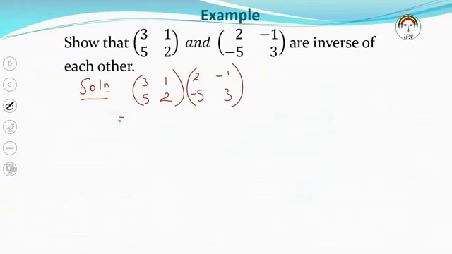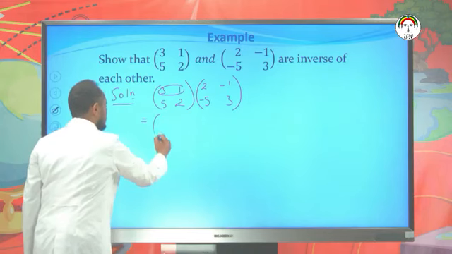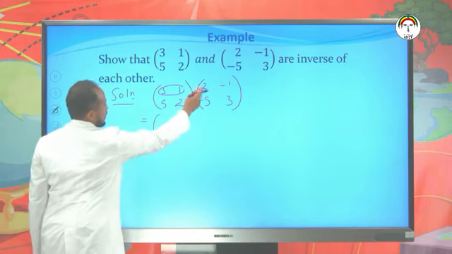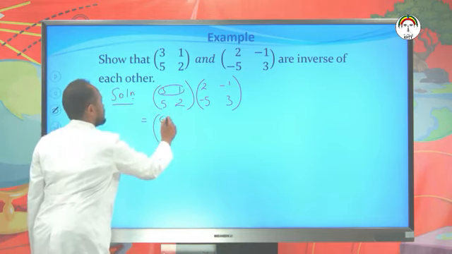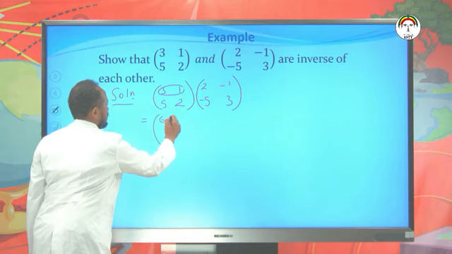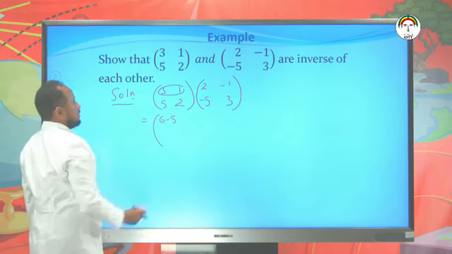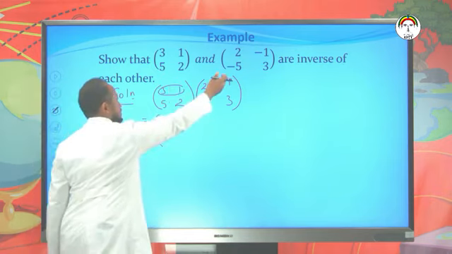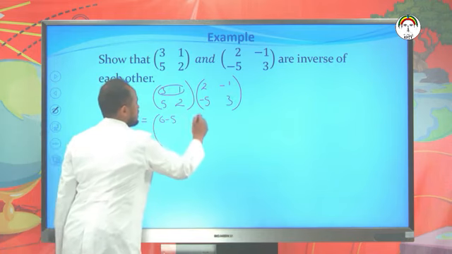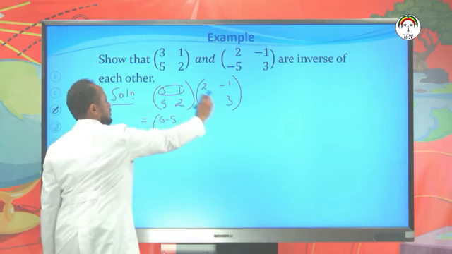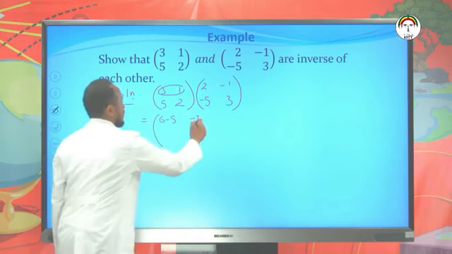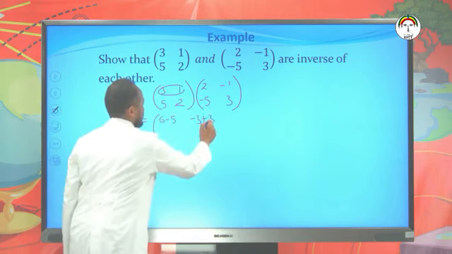So we multiply row by column. The first row multiplies the first column: 3 multiplies 2, it is 6, and 1 multiplies negative 5, it is minus 5. Then the first row multiplies the second column: 3 multiplies negative 1, it is negative 3, and 1 multiplies 3, you have positive 3.